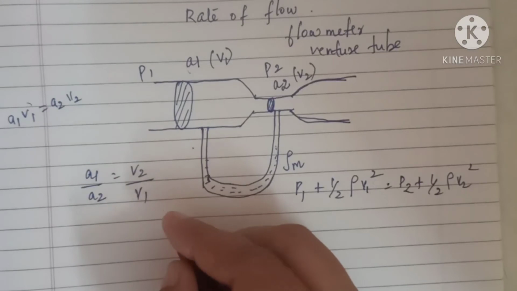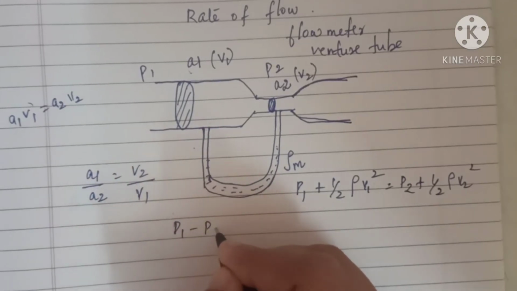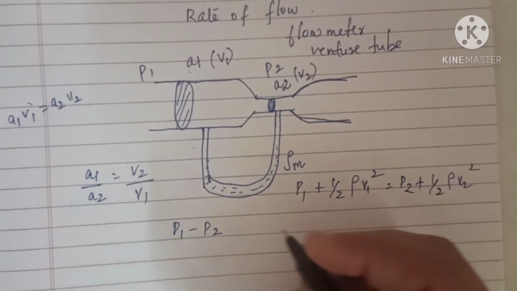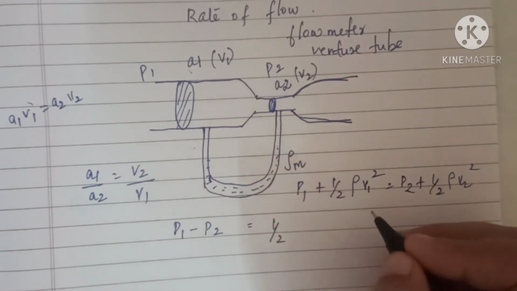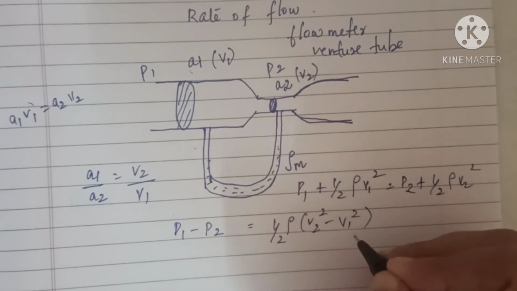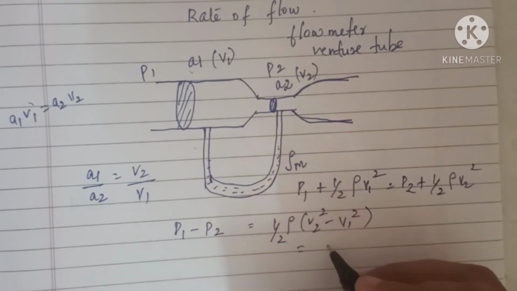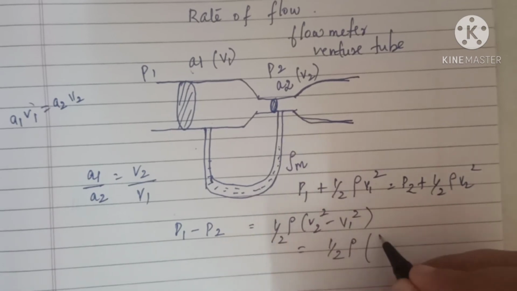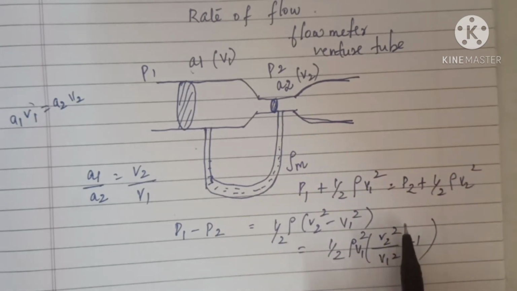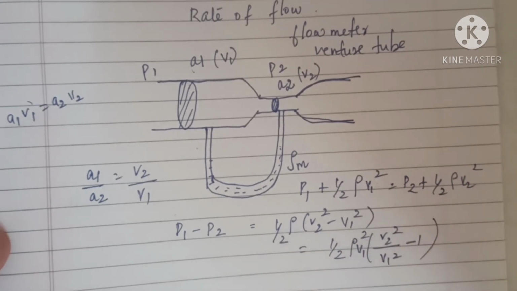Now the change in pressure is P1 minus P2, which is equal to half rho into V2 square minus V1 square. Or you can rearrange this as half rho V1 square into V2 square by V1 square minus 1. I took V1 square as common. Clear?